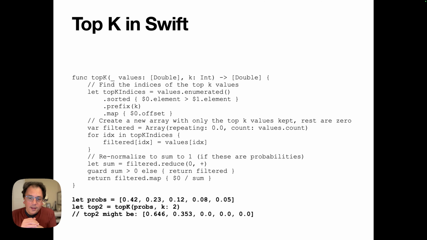You have to keep the length of the array from the logits all the way through this process, exactly the same number of items, because we use the index of the array to refer back to the token.